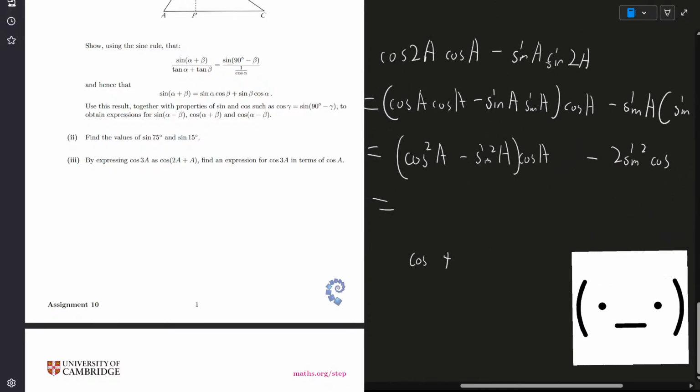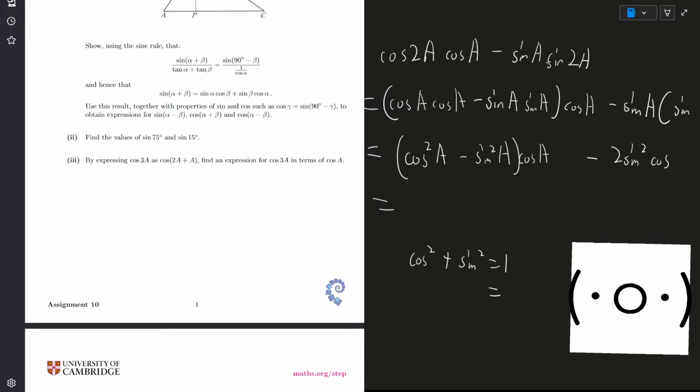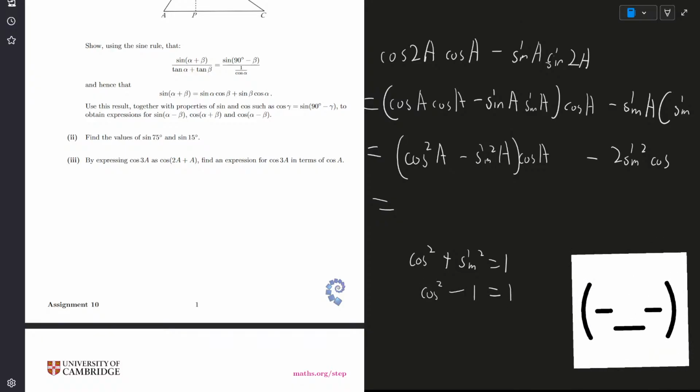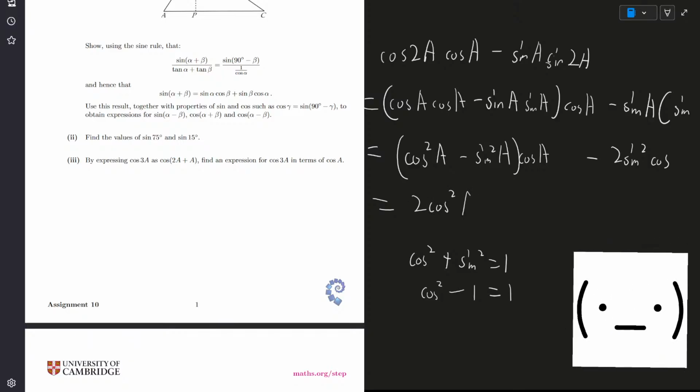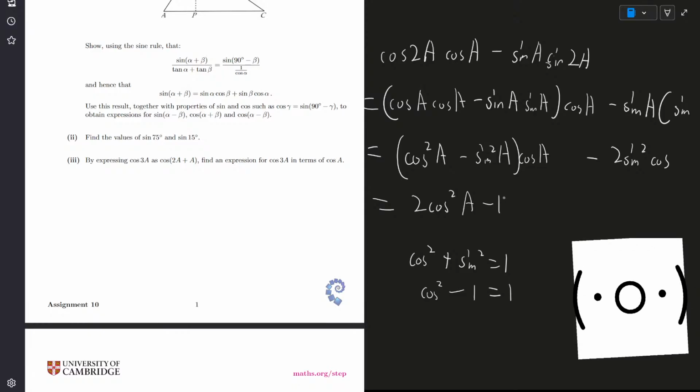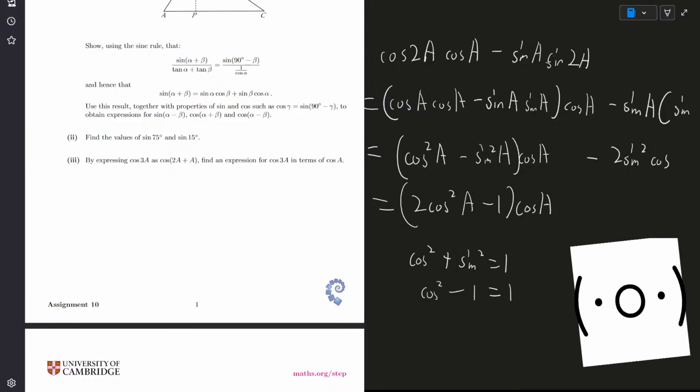Wait. I'm just making sure I don't make any silly mistakes here. So 1 cosine 2. Yeah, okay, so then this becomes 2 cosine 2a minus 1 times cosine a.